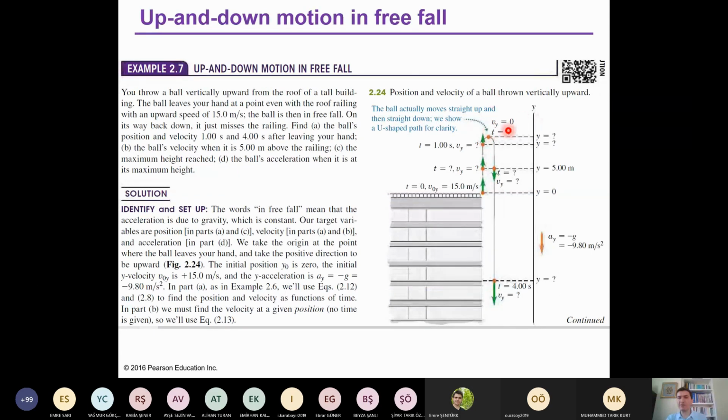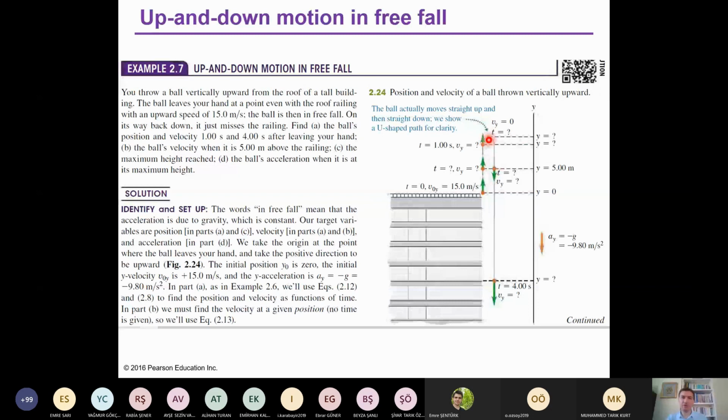But before the maximum height, we always have positive velocity because the direction of the movement is along the positive y direction. Then the velocity will be negative, okay, after this maximum height.